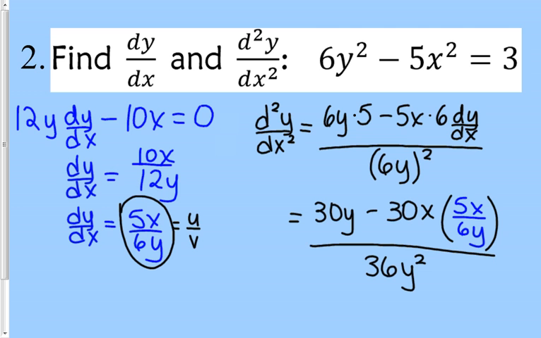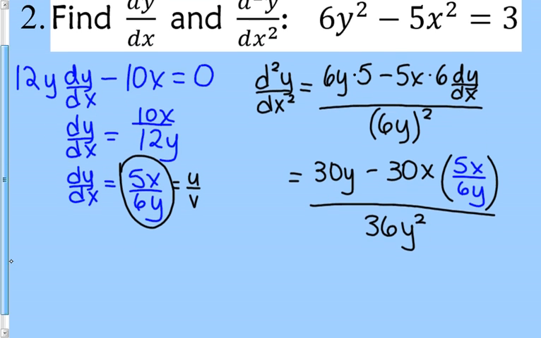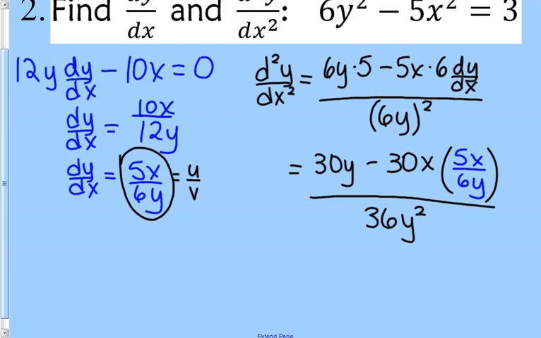So now I've got fractions inside fractions. No bueno. So I need to do stuff, right? I always put this right next to the top number. Okay, so I'm going to work with the numerator right now. In the numerator, there is a fraction where the denominator is 6y.